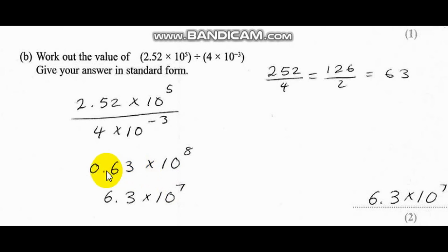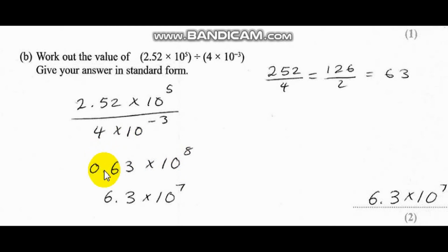Why? Because in standard form, that means scientific notation, you always have to keep the decimal point one number behind. So I have to take this decimal point up to here. Therefore, when you jump one number backward, the power is reduced. I am jumping one digit, so I have to reduce one power from here.